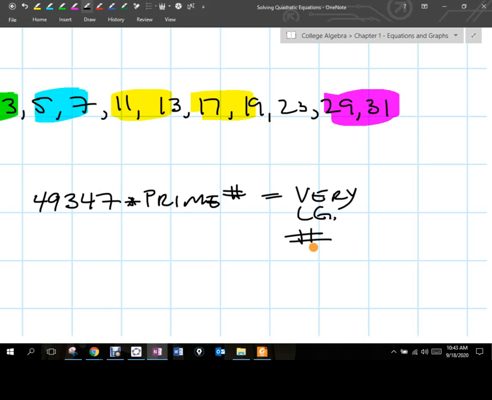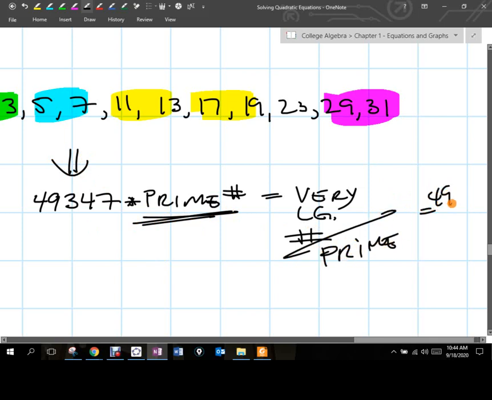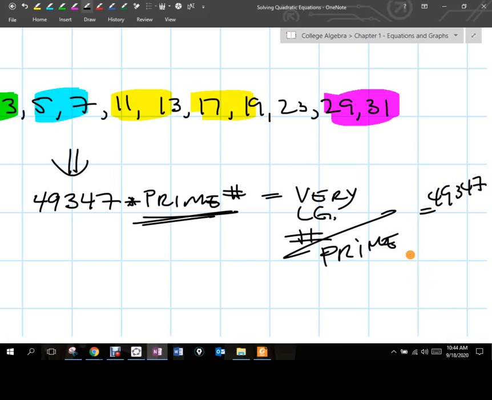So how can I take this very large number and get back to that account number? You have to know what that prime number was. And if you know that prime number, you're going to divide by that prime number and out shoots 49347, right? That's encryption, okay? Now, obviously, there's a lot more to it, but that's the nuts and bolts of it.